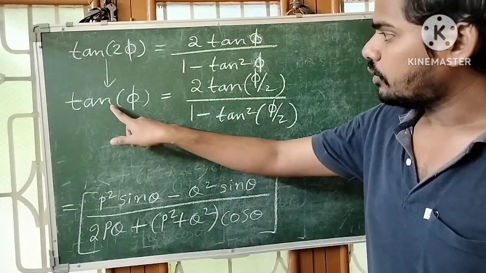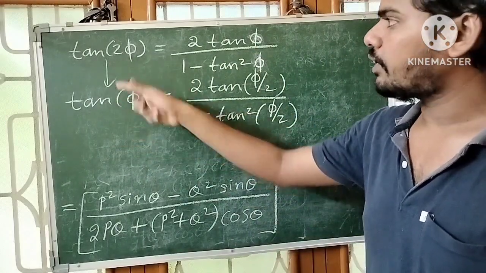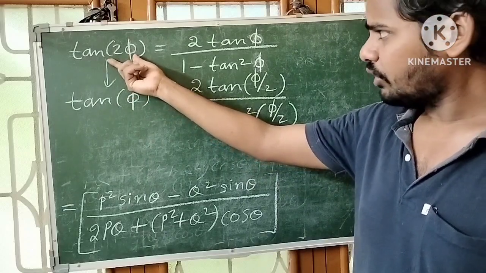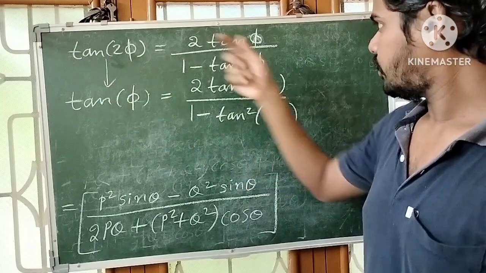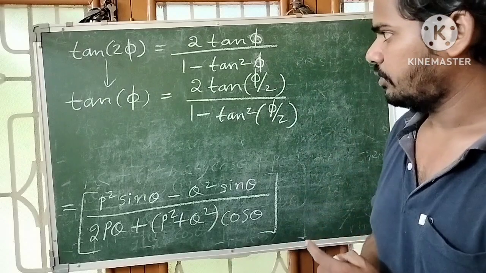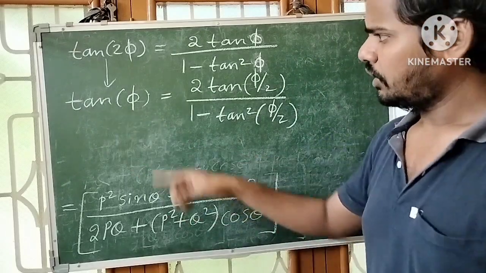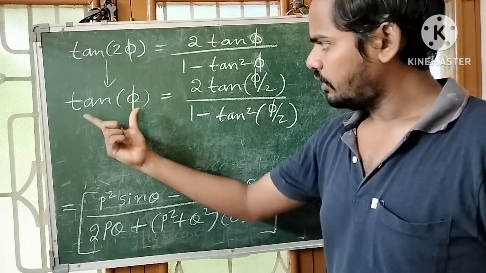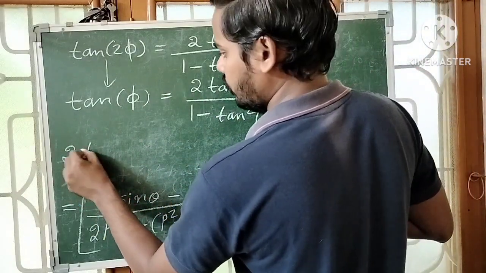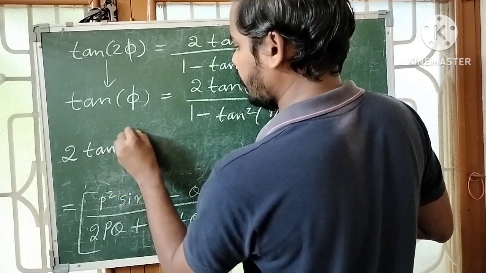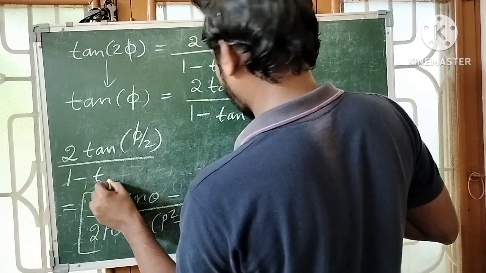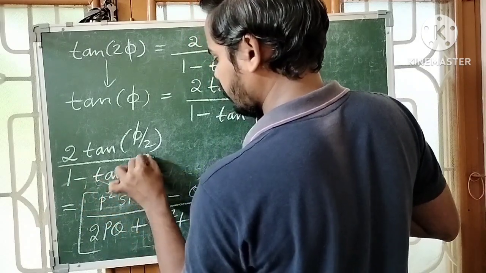Now if I consider the submultiple angle, for 2 phi we have phi, so similarly on the RHS phi becomes phi by 2. This is the formula for tan phi. So in the LHS, instead of tan phi we can write 2 tan phi by 2 whole divided by 1 minus tan square phi by 2.